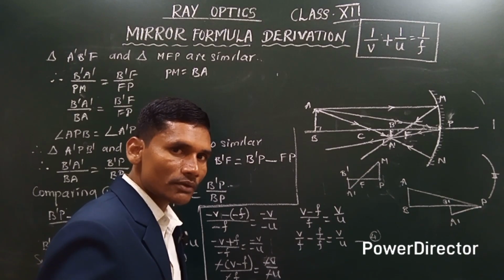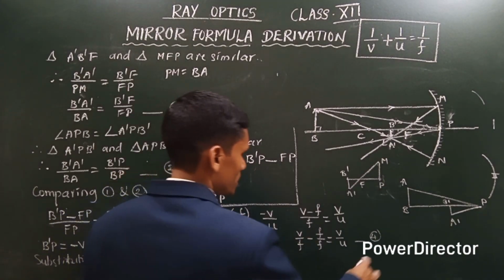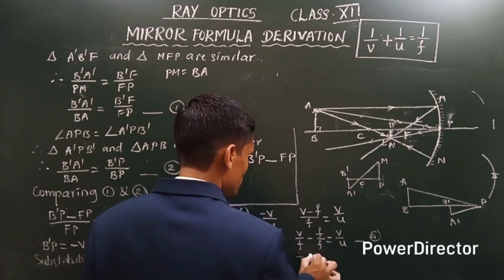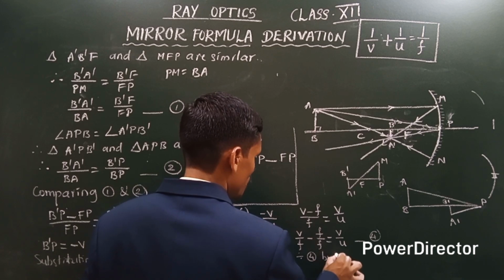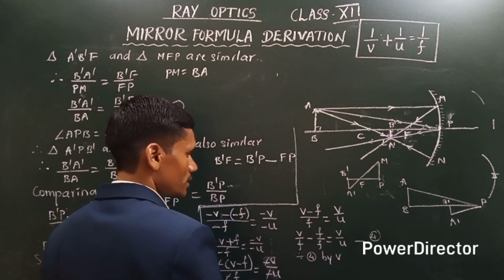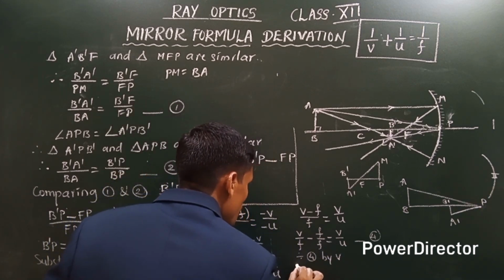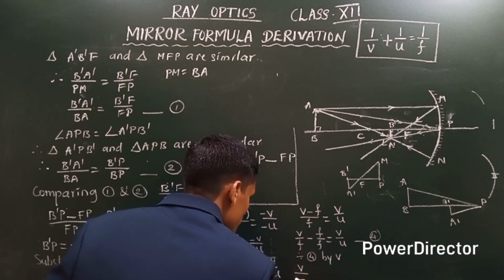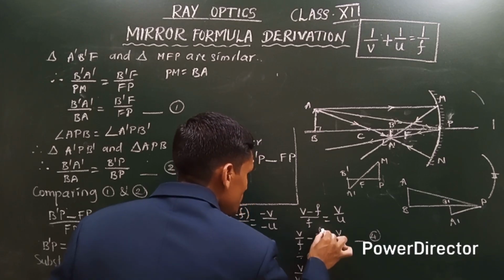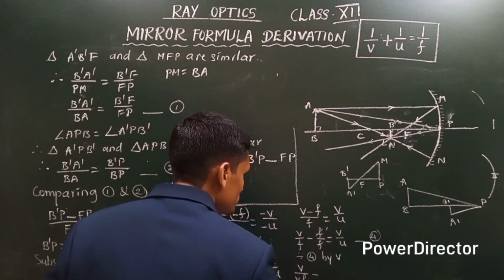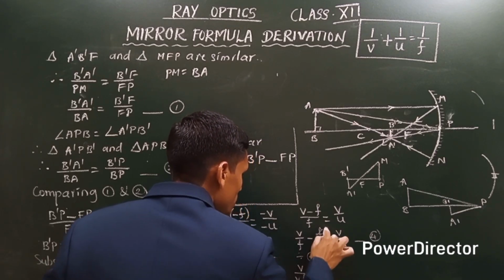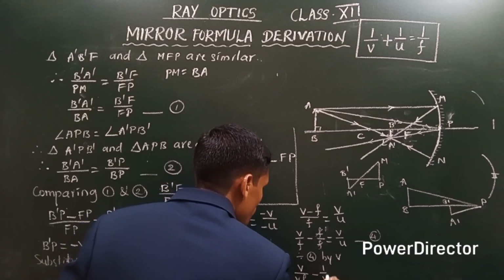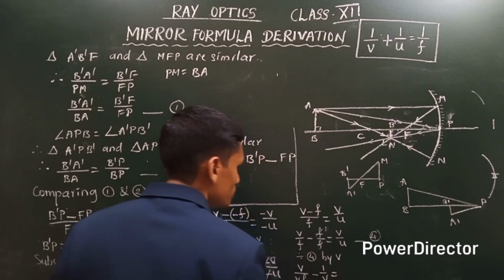You divide equation 4 by v. If you divide this, it becomes v into f, minus, after cancellation 1 remains here, this becomes 1 upon v, right?